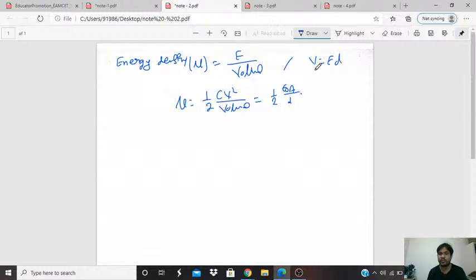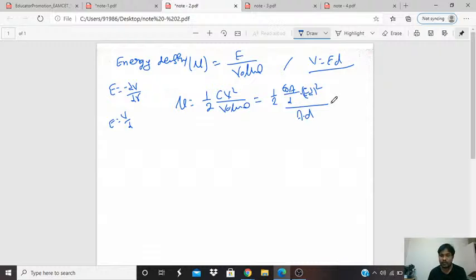We have the relation that the electric field equals the negative gradient of the potential, or E equals V by D in a uniform field. So V equals ED. Then half epsilon naught A by D times E D whole square, divided by volume, which is area into thickness.